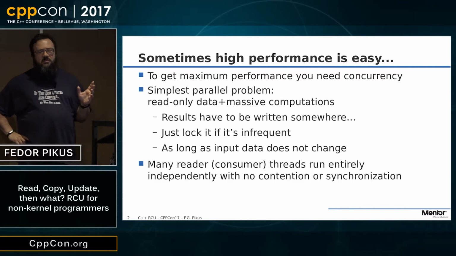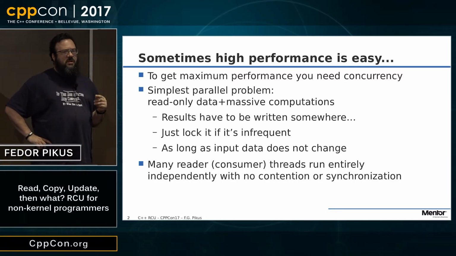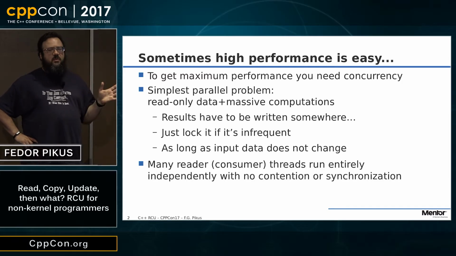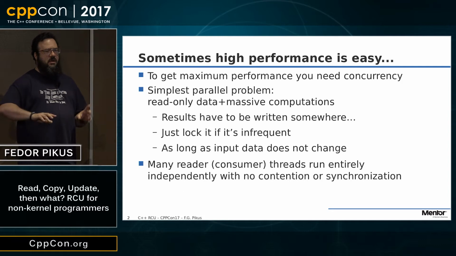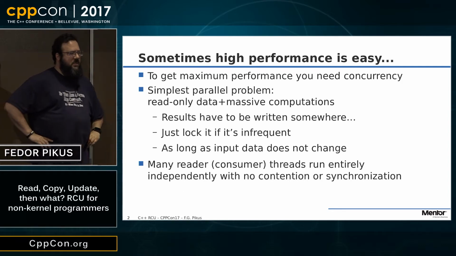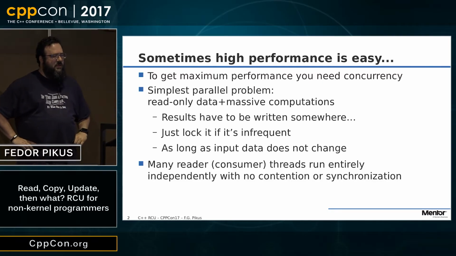Now, if you're doing computations, presumably you're interested in the results, so not everything is ever read-only, but let's assume that the results are infrequent, small, so locking and writing the results isn't a concern. So you have a huge amount of read-only data, and you just send all your cores doing their processing on it, and it's perfect scaling, go wild.